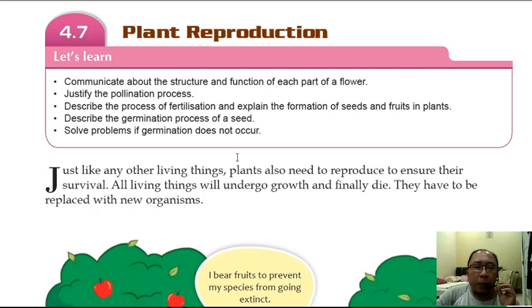In this subtopic, we will learn about plant reproduction, same as what happens in animal reproduction and human reproduction. As you know, every living organism has to reproduce to make sure that their generation can survive, and if not, their species will die and be no more in this world.